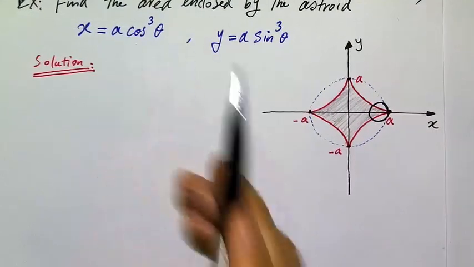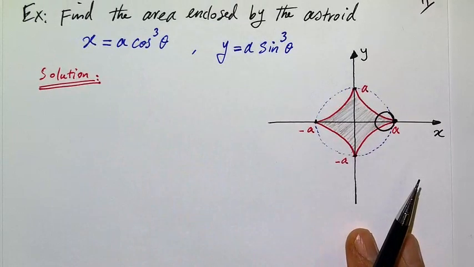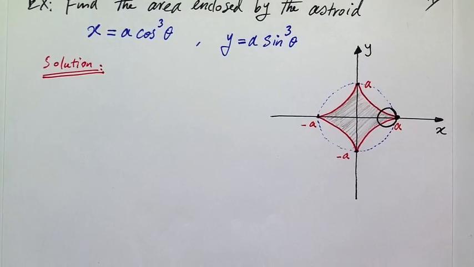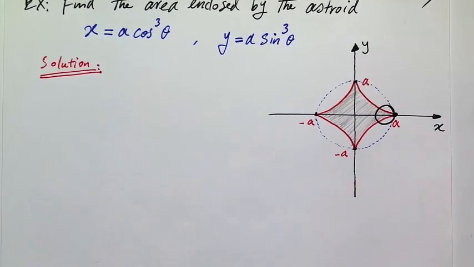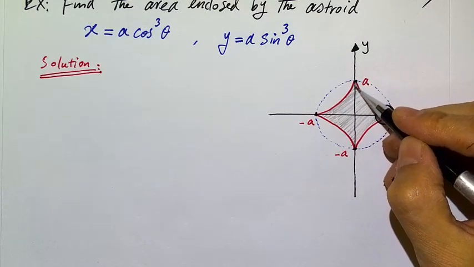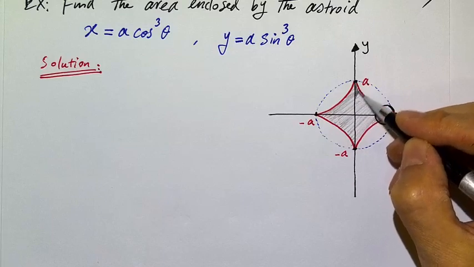given these parametric equations. Okay, so what you usually see when anybody calculates this area is they calculate the area in this region and they multiply it by 4 because this shape is so symmetric. So we're going to do the same thing.